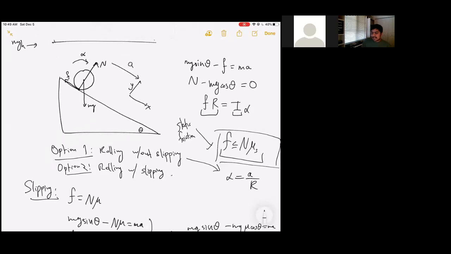What's happening is that the object is moving down the plane. So if it's slipping, say, and the object is moving down and it's rolling, you can think that the contact point is moving forward with respect to the plane, which means the frictional force has to oppose that and be backward.